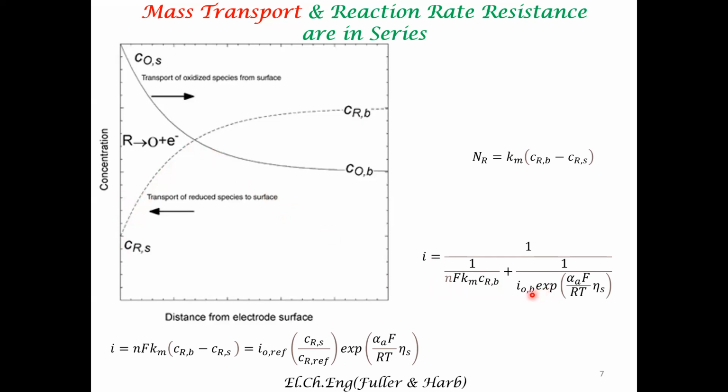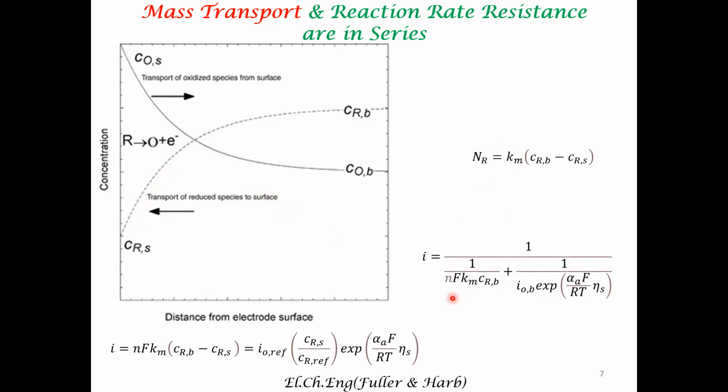So 1 by R total is given by 1 by resistance to mass transfer plus 1 by resistance to electrochemical kinetics. If K_m is large, that is, if the mass transfer coefficient is large, then the resistance to mass transfer is less. Therefore, 1 by this term will be a small quantity, so you can neglect it.